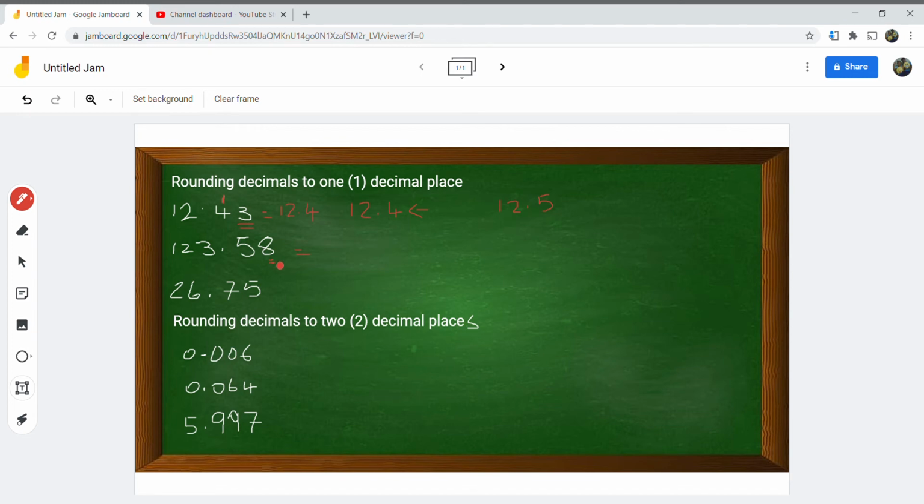So here we have 8, and this 8 is above 5, and because it's above 5, we're going to round it up. We know that 123.58 is between 123.5 and 123.6.